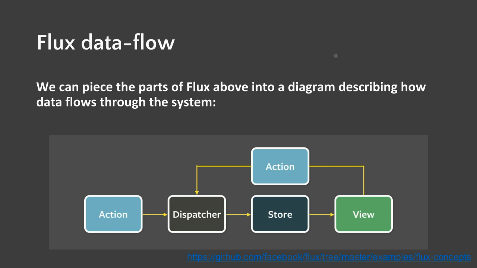Then each store applies the business logic it has to apply based on its own considerations, and then the store emits changes. So the store emits a change and the view re-renders. The view gets the new data and re-renders itself appropriately, to show, for example, the new data coming from this new action.